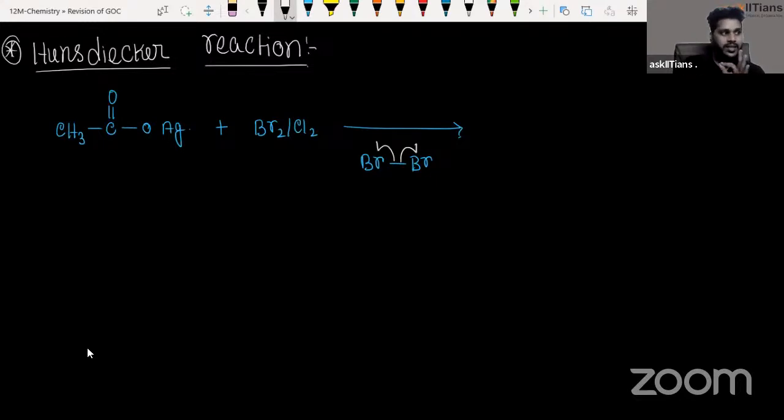But if it breaks as Br+ and Br- heterolytically, then Ag+ takes this Br- and forms AgBr. If you ask why it is breaking heterolytically, the reason is that silver is influencing this heterolytic cleavage.